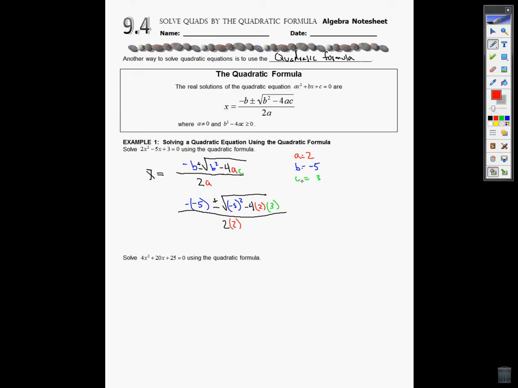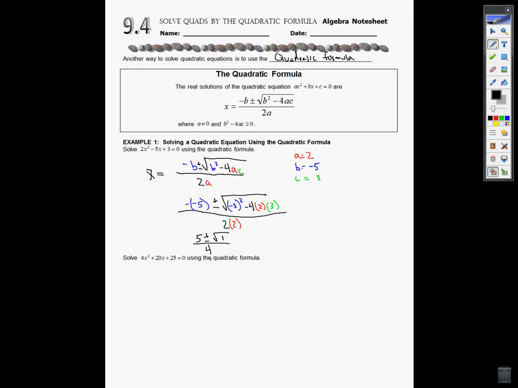Now it's simply a matter of how do we simplify? Let's take a look. I'm going to start doing this all in black now that we've substituted. Over on this side, negative negative 5 makes that just a 5. Plus or minus the square root of, what does this all evaluate to? This is 25. And 4 times 2 is 8, 8 times 3 is 24. So 25 minus 24, 1. All over 2 times 2, which is 4.